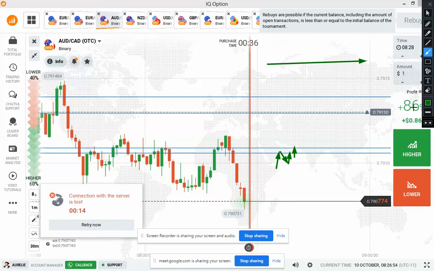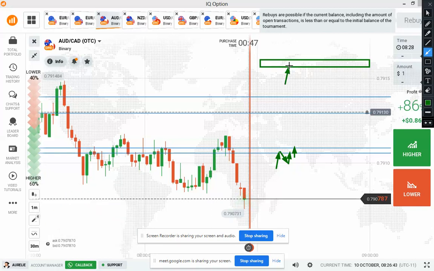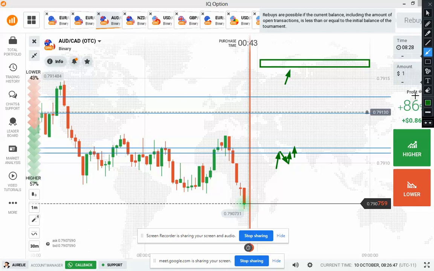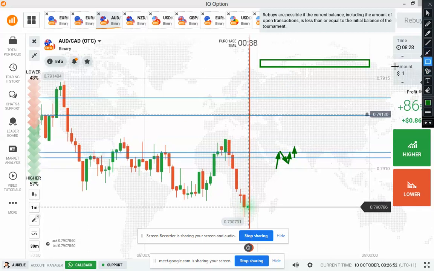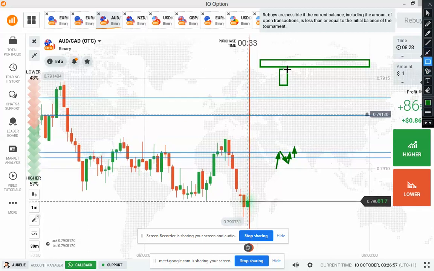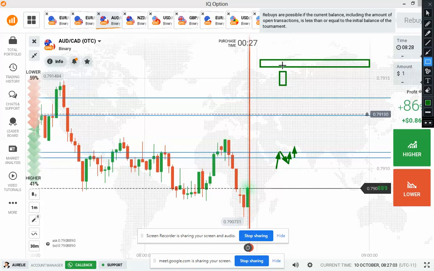This is a zone. Let's say this is a reversal zone. A bullish candle touches the zone and rejects, something like this. Most of the time, market might reverse.